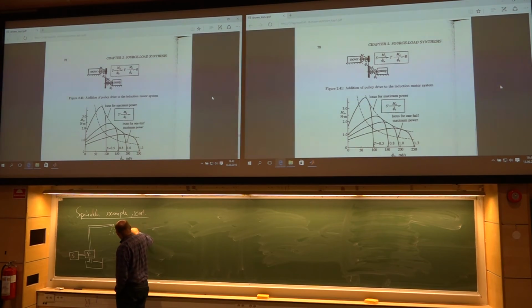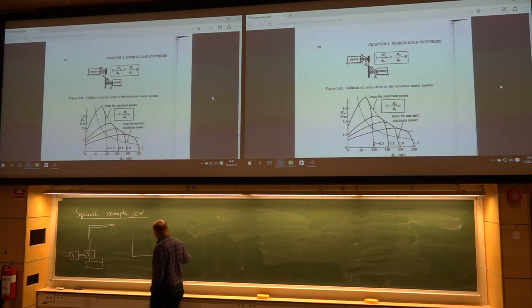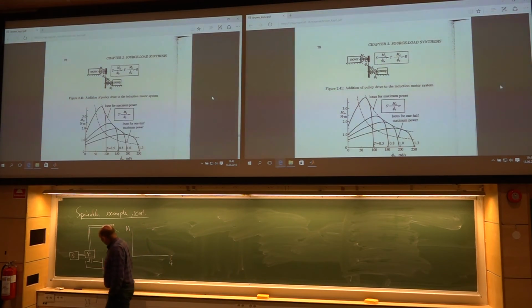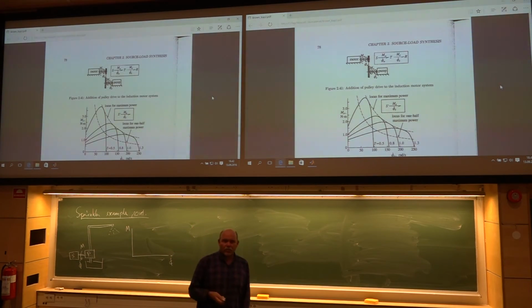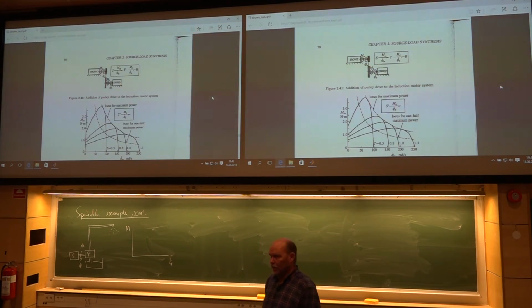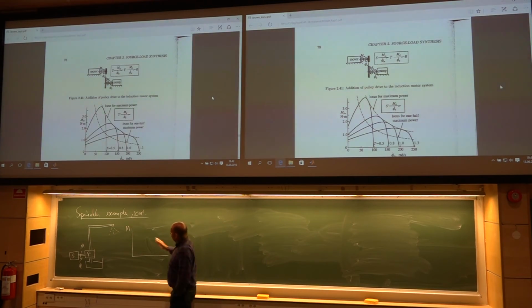And here we talked about rotational speed versus torque. The source was a real source, not an ideal source. Ideal sources, there we could have a constant torque or constant flow, constant rotational speed.